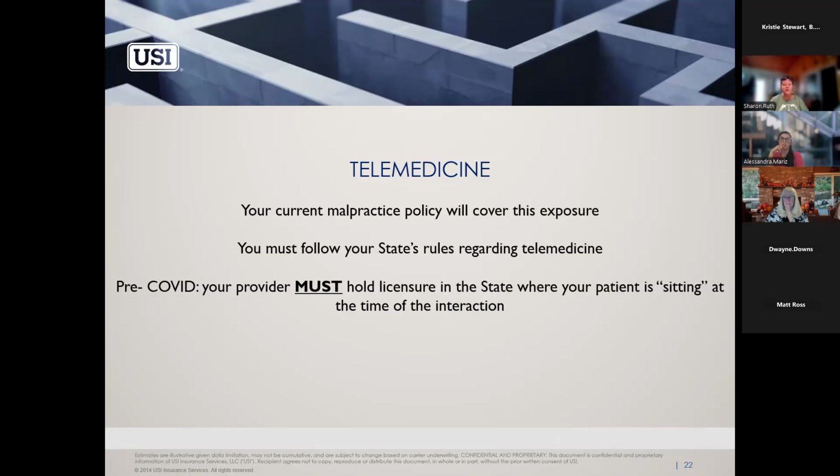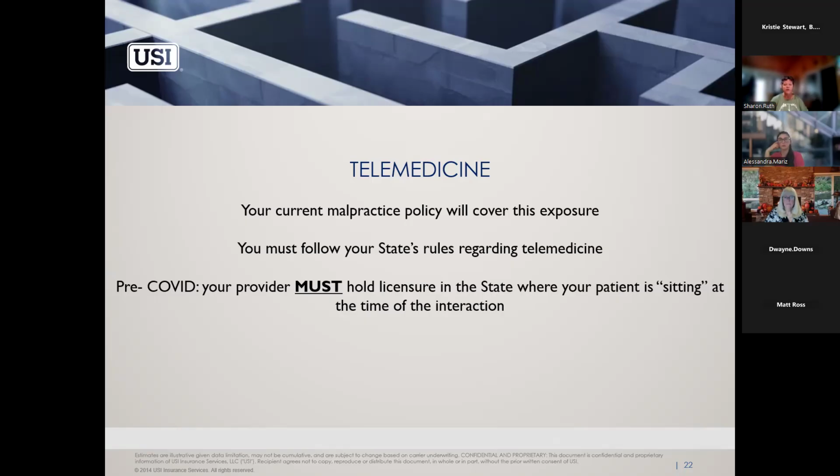Because that patient can sue you in the state of Virginia, because that's where the error occurred, because the patient is sitting in Virginia. There's a medical error. They're going to sue you in Virginia. If your doctor doesn't have a license in Virginia, it doesn't help your malpractice carrier to defend you. So you really have to look at where your patients are at the time of the telemedicine activity.